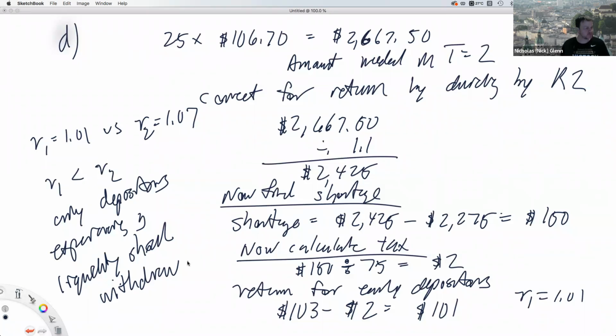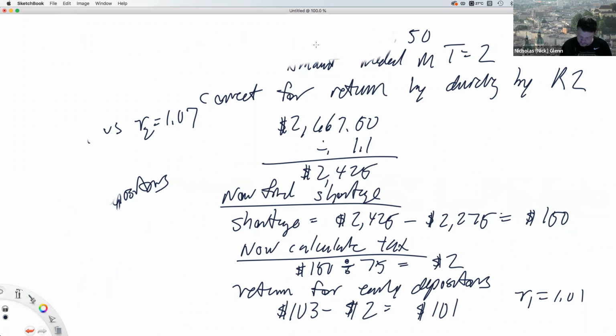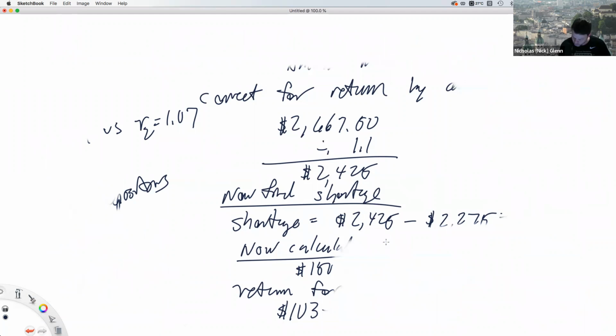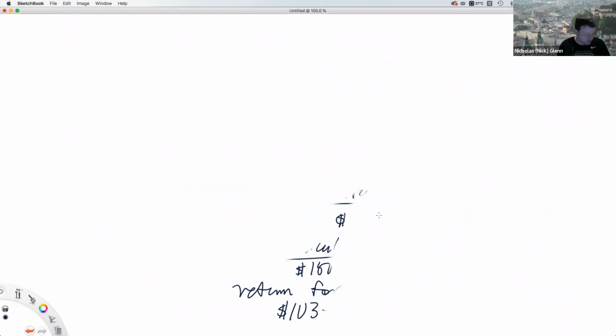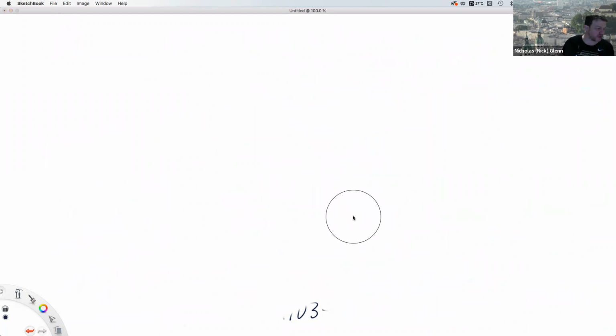All right. So now we have one more part. We want to describe how risk-averse individuals perceive this interest rate risk that they encounter. That is, why do the 100 depositors choose to use a bank instead of investing directly?